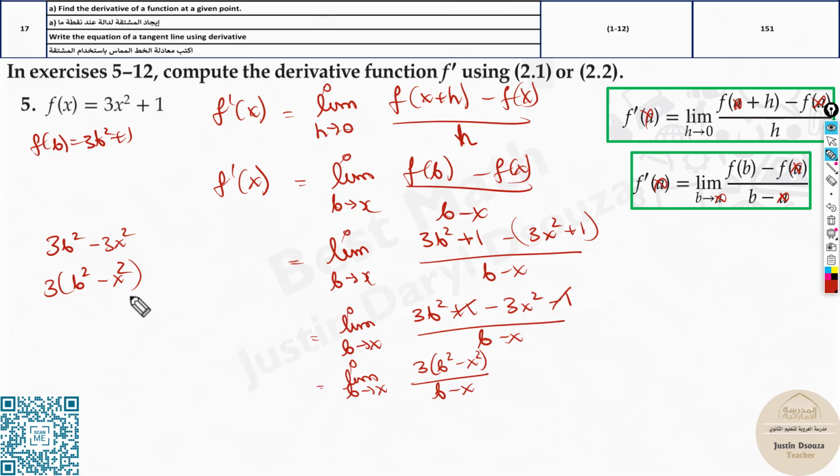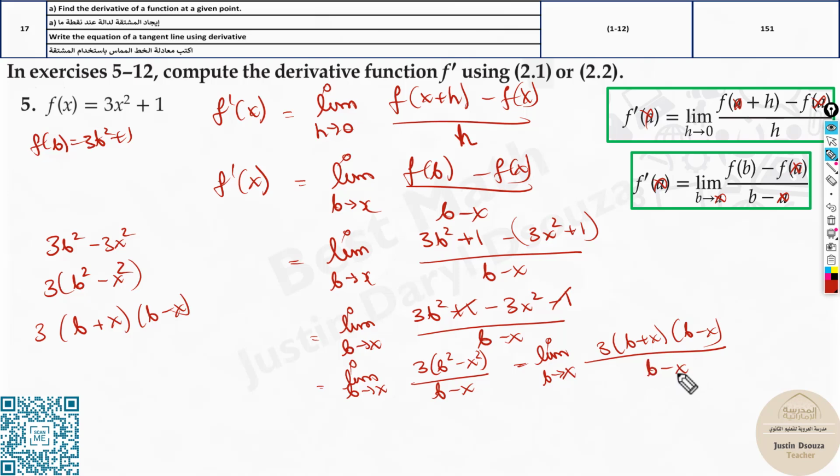Now this b squared minus x squared can be expanded like a squared minus b squared, it's a plus b, a minus b. Here it's b plus x, b minus x, because we have b and x. So limit as b tends to x, we have 3 times b plus x, b minus x, divided by b minus x.